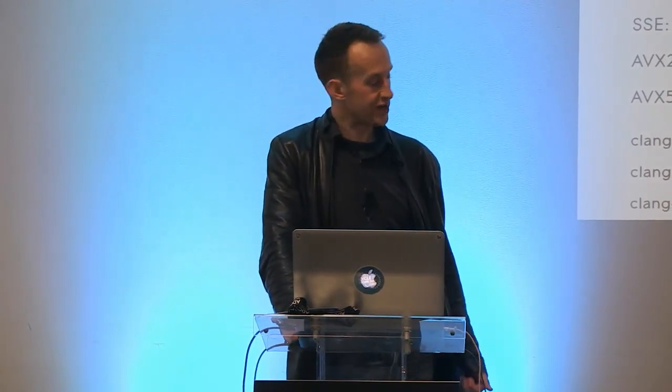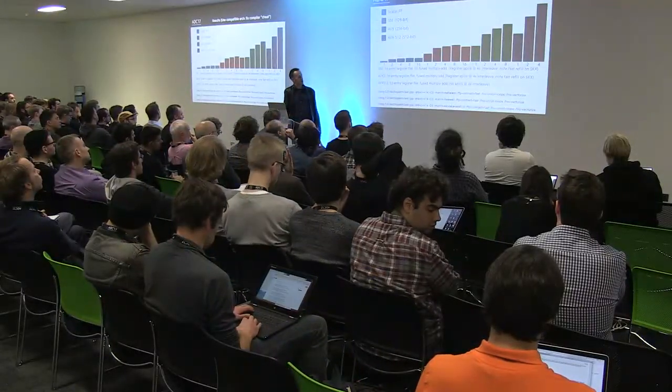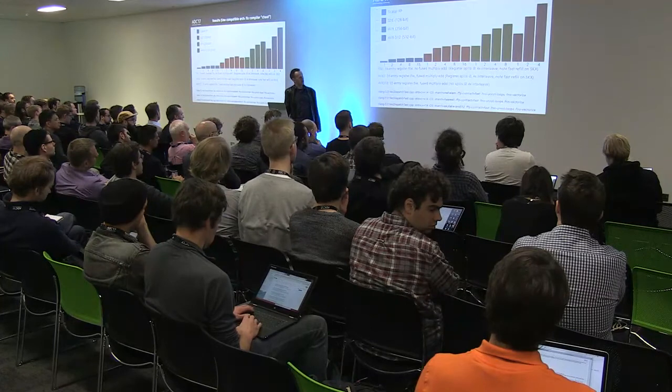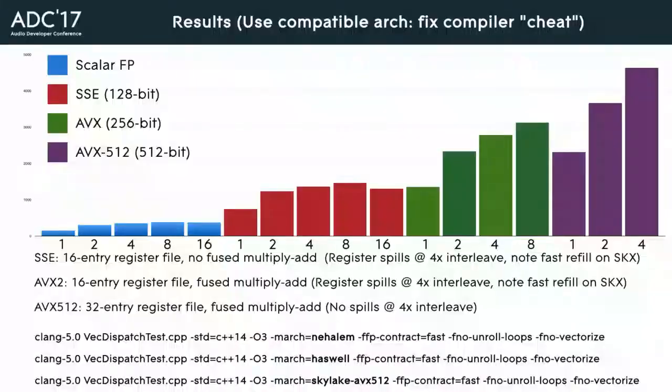So if we actually set the compiler to build for the architectures that we're really targeting here, and this is still benchmarking it on the same system, but this is now basically preventing it from generating instructions that wouldn't be allowed on a 128 or a 256-bit architecture, and now we can see more or less the scaling that you would expect from that.